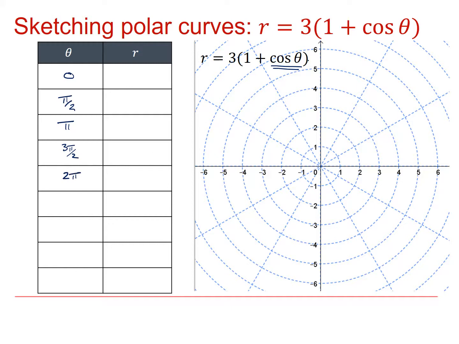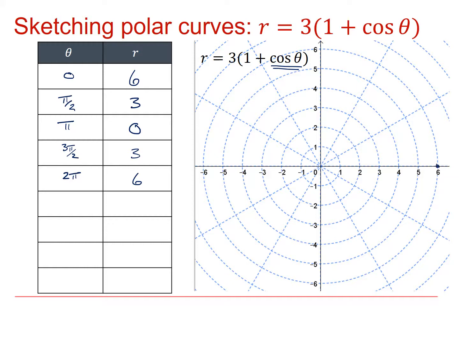And I know that cos starts at 1, drops to 0, then minus 1, and then back up to 0 and 1. So cos taking those values, I'm going to get 6 here, 3 here, 1 plus 0 is just 1 in the bracket, 0 here, back up to 3, and then back up to 6.